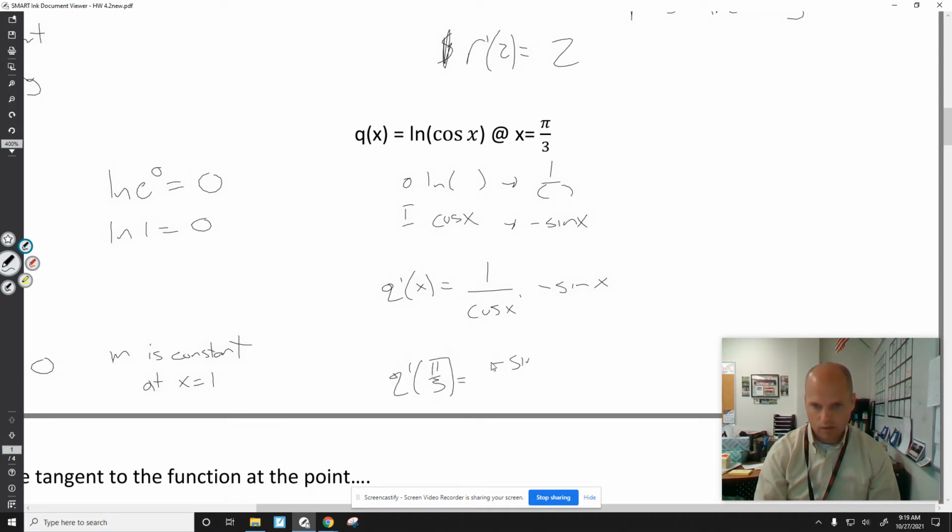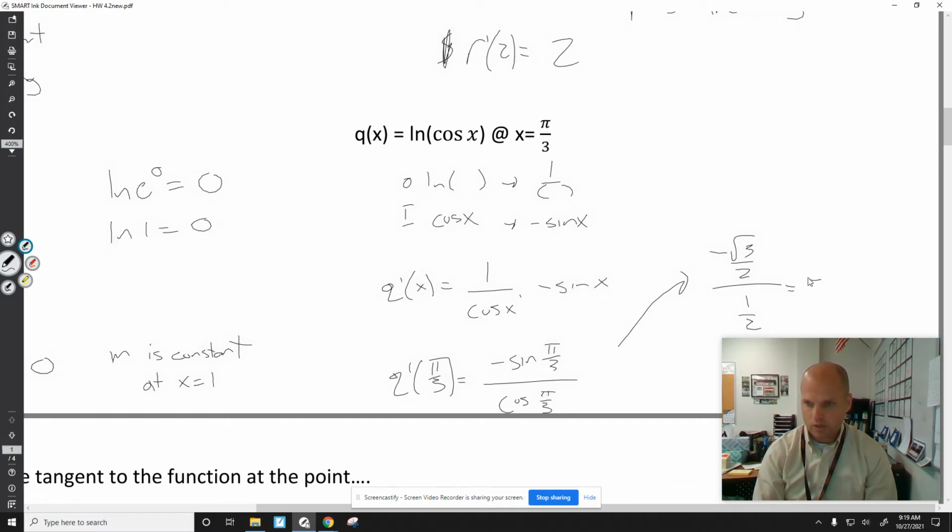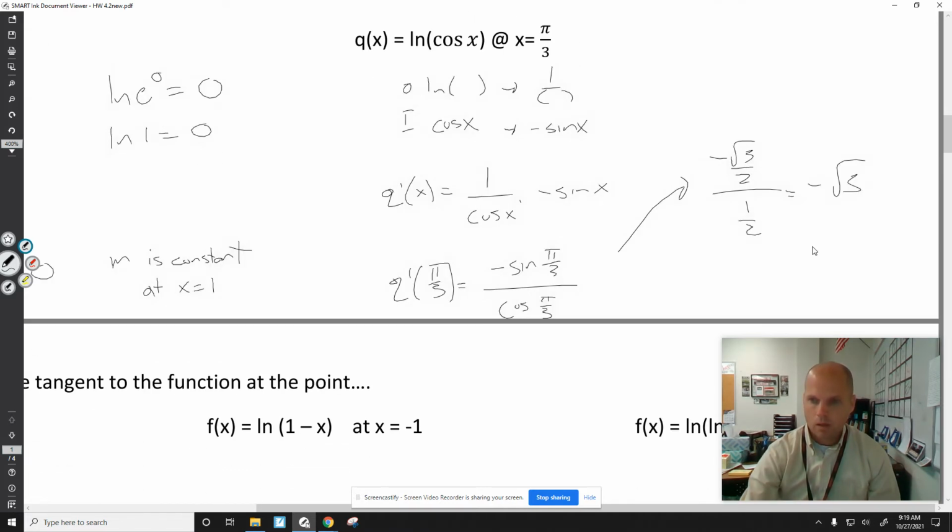You have to find sine of pi over 3, the cosine of pi over 3, divide them. That's tangent, y over x. Sine of pi over 3 is root 3 over 2, so I have negative root 3 over 2. Cosine of pi over 3 is 1/2. I end up with just negative root 3, which is negative, which is telling me q is decreasing, because q prime at pi over 3 is negative. Q is decreasing just at x equals pi over 3.